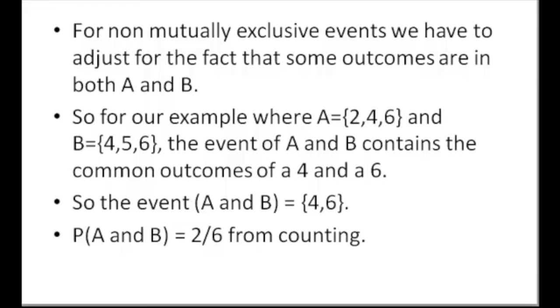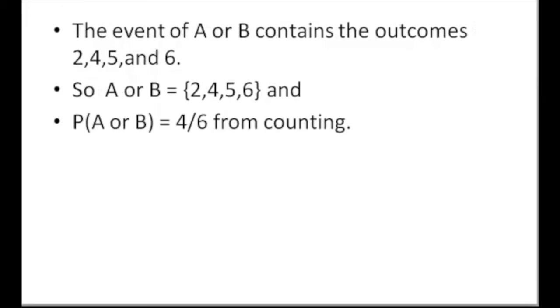So the event of A and B is the set of 4 and 6. The probability of A and B is then 2 divided by 6 from counting the outcomes common to A and B. The event of A or B contains the outcomes 2, 4, 5 and 6. So A or B is the set 2, 4, 5 and 6. And the probability of A or B is 4/6 from counting.